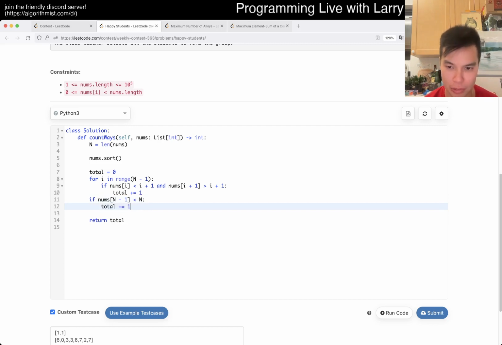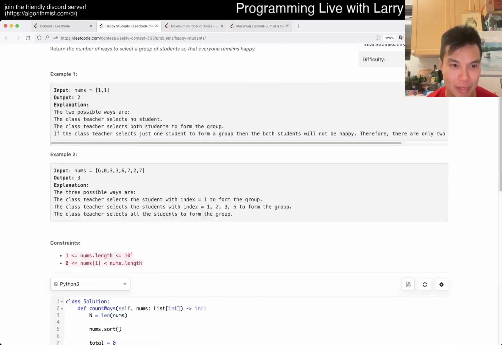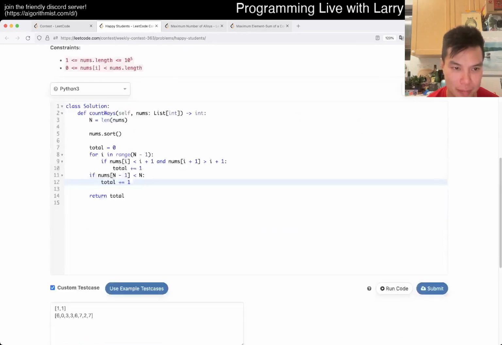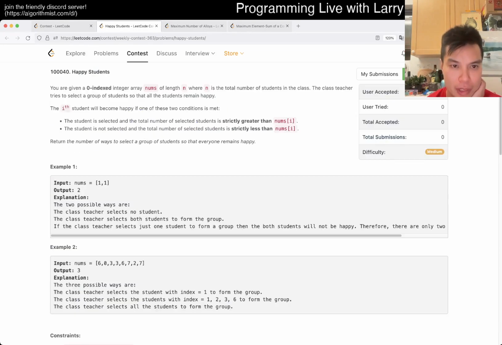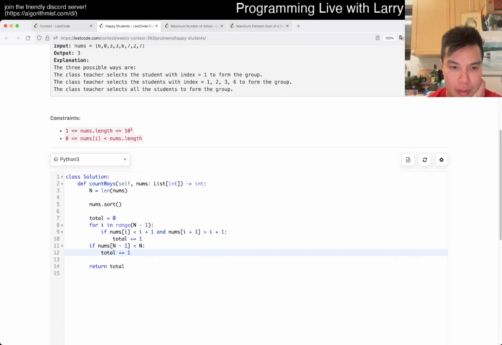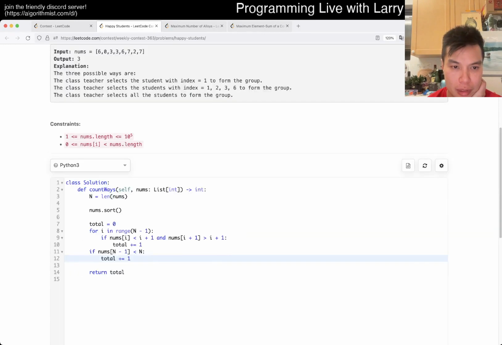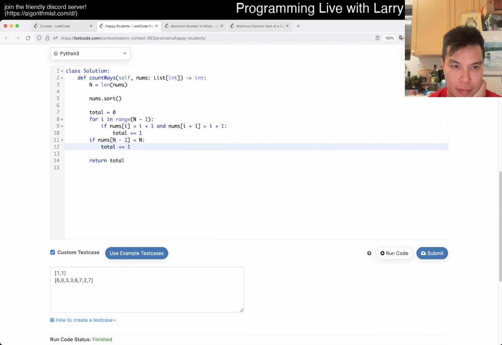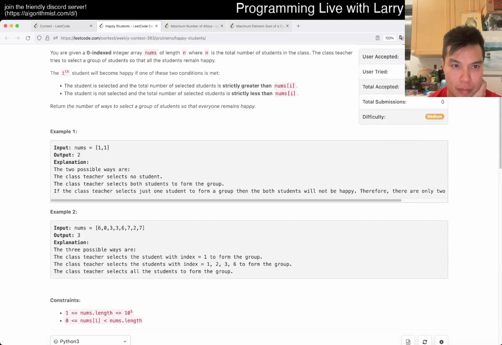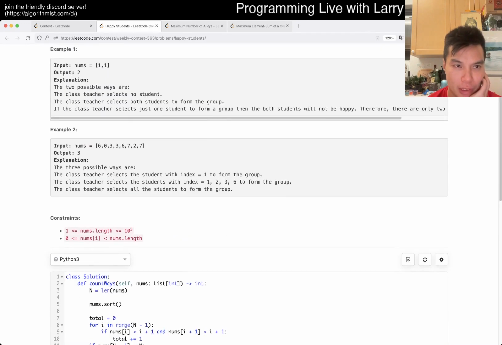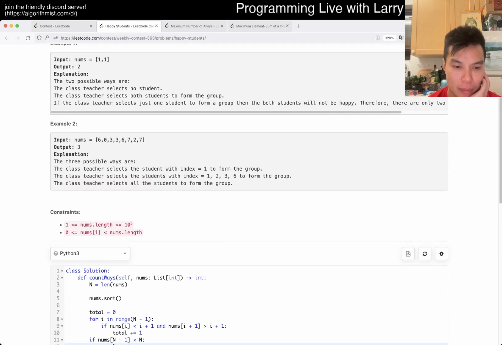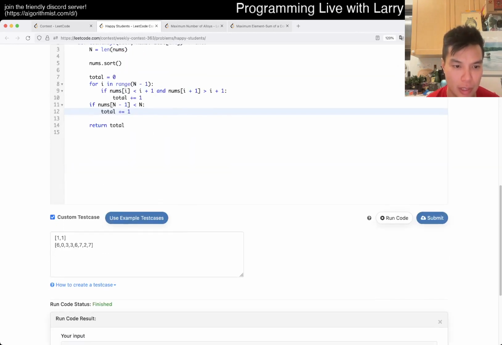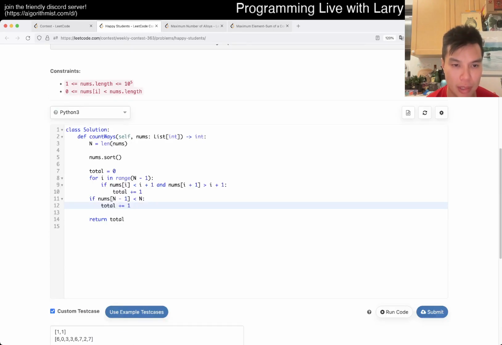This is so hard to read. 1 and 3, that's not right. So 0. If we select both of them, that's one way. If we select one of them... oh, select no students. How do I select no students in my way that I do it?